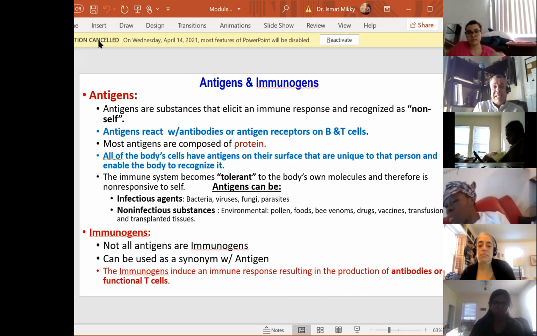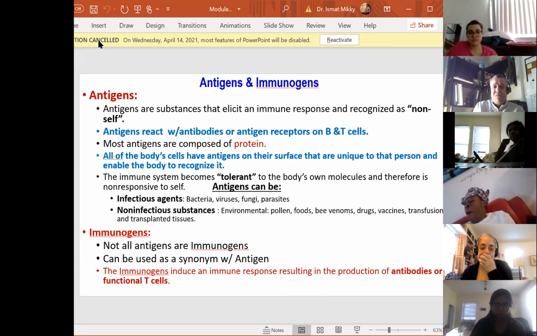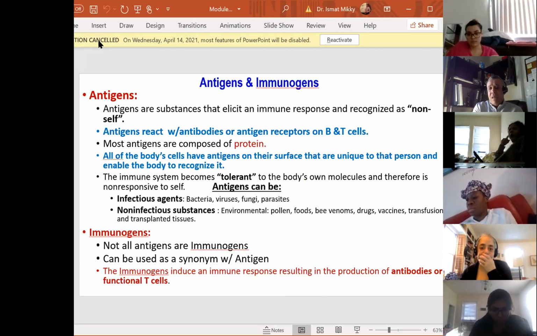Even this vaccine we could call an antigen, because it is going to elicit the immune response. So our immune system is going to be activated to produce the antibodies. So it's any substance that's going to elicit the immune response and will be recognized as non-self.